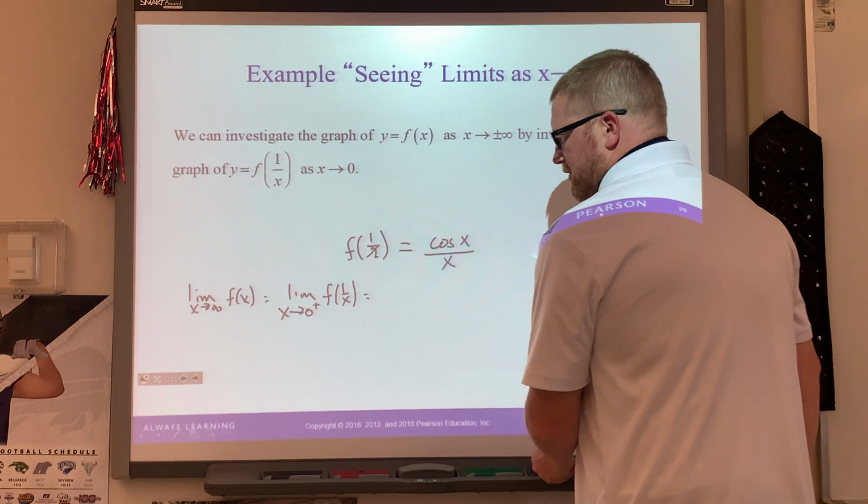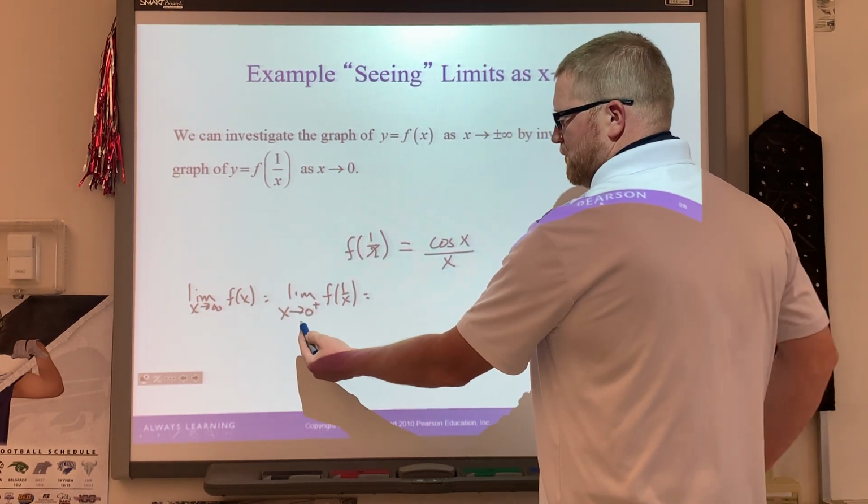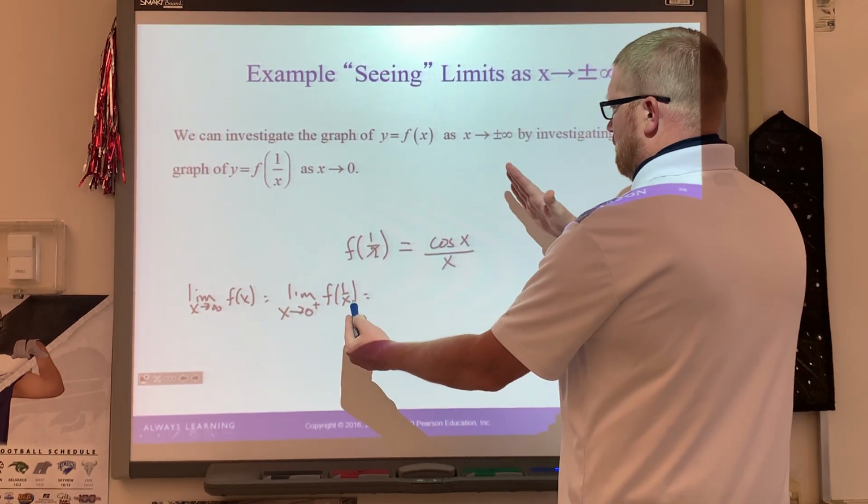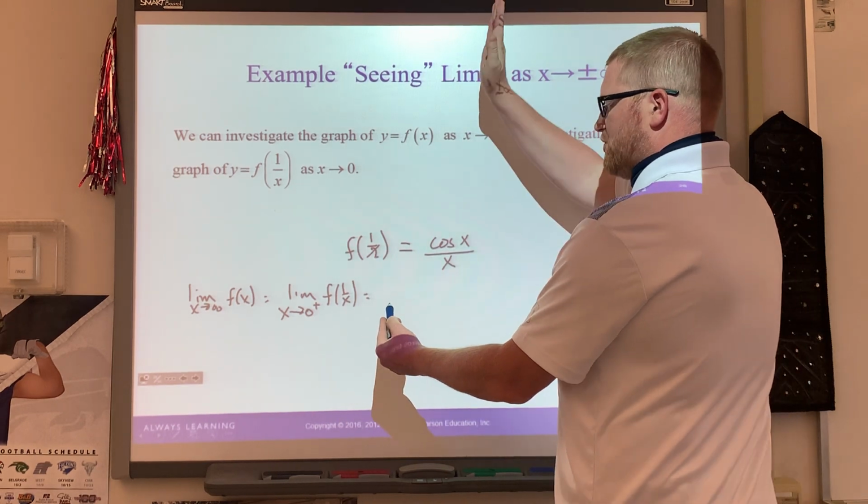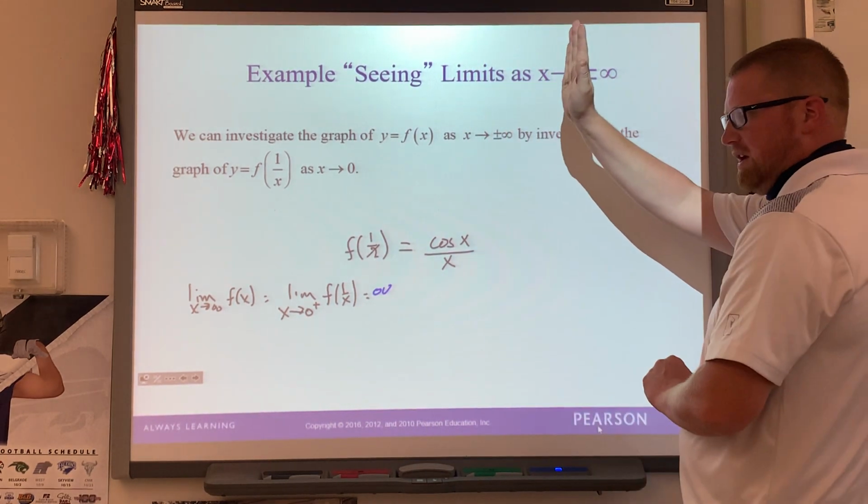What's the limit as x approaches 0 from the right? Remember, the graph was kind of oscillating back and forth, but then it shot off to positive infinity.